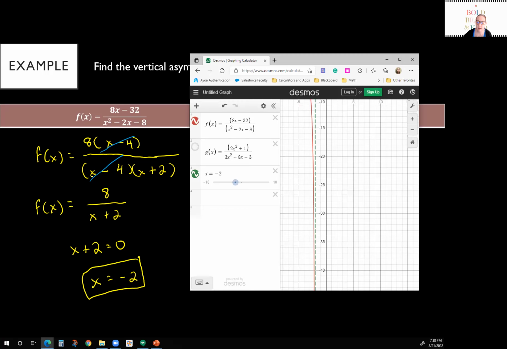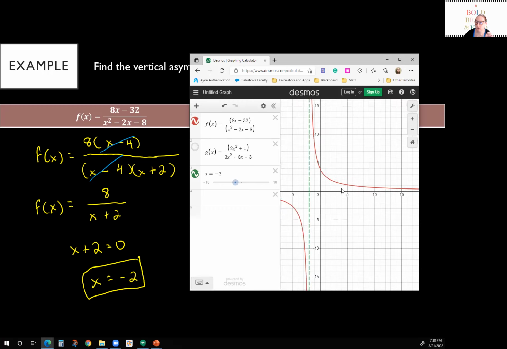The value we canceled out, x minus 4, if you set that equal to 0, you get 4. So notice for x equals 4, we don't have an asymptote. It doesn't look like it's becoming a vertical line. And that's because it's not a vertical asymptote, even though it's in the denominator. It's actually a hole.